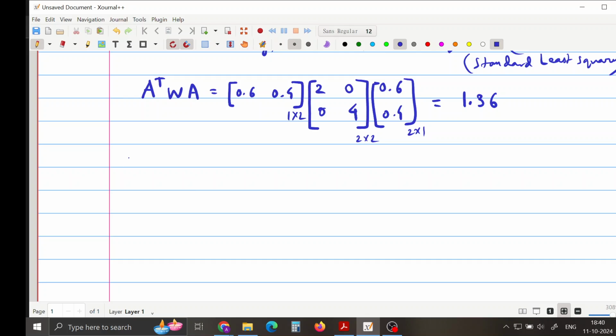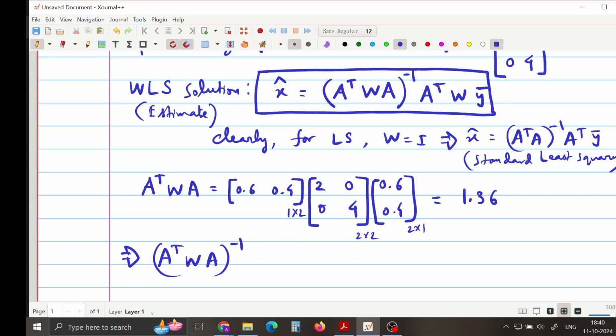And what is the inverse of this? We need its inverse for the estimate calculation, so this is simply the reciprocal of this scalar.